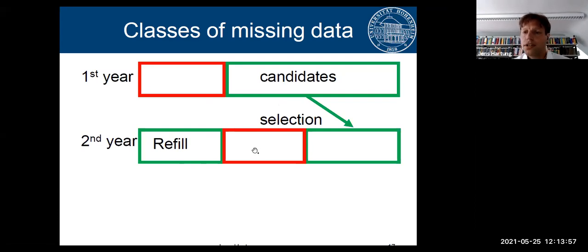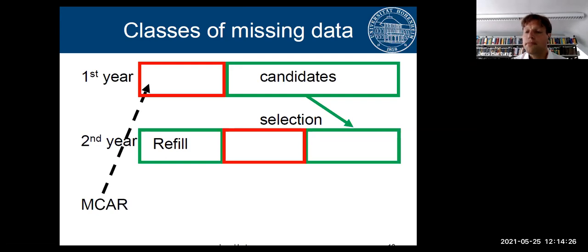And the question is, what is the class of missing data, the data missing pattern? For this one, we took the genotypes of the second year exactly from the same pool as the genotypes in the first year. So we can assume that it's just a random choice of taking the genotypes out of the pool.